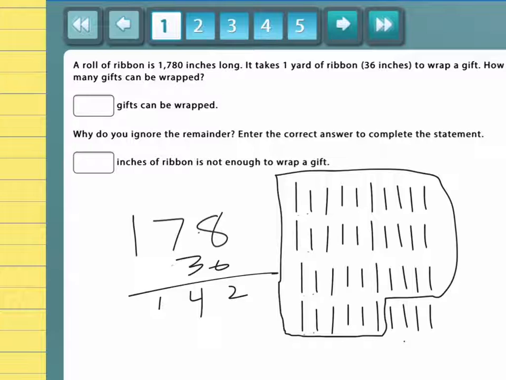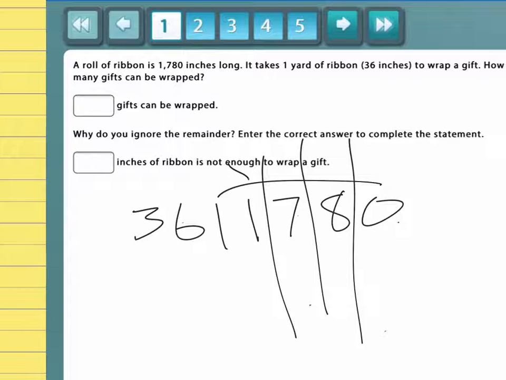Or, in other words, you can also use multiplication as the inverse, and say, 36 times what is going to be close to 178? That is division. So I'm going to estimate here.